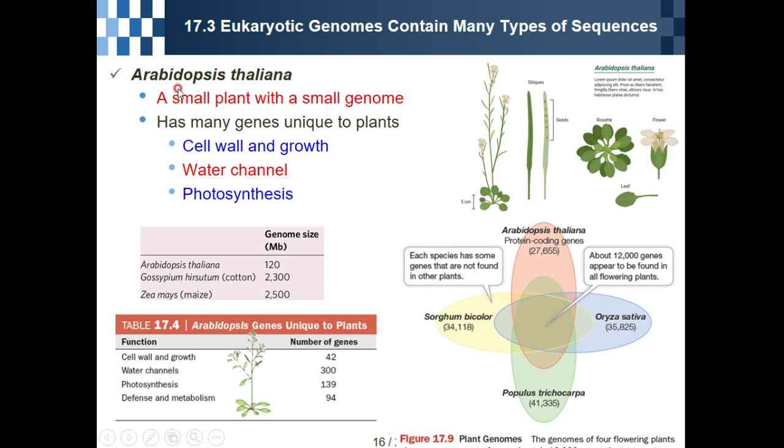Another eukaryotic organism, we call it Arabidopsis thaliana. Okay, so this is a plant. This is a small plant with a small genome. Arabidopsis, in Korean, we call it 애기장대.